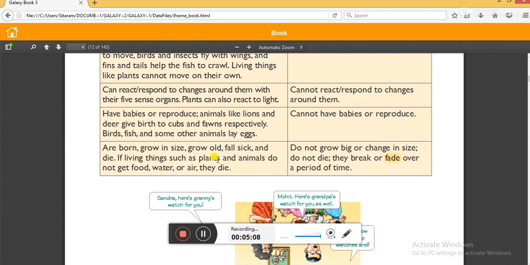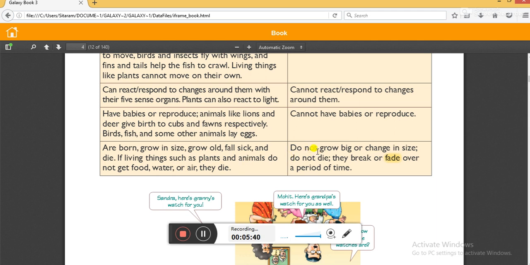Living things such as plants and animals, if they do not get food, water and air, they die. Other animals, birds and human beings are born, grow in size, grow old, fall sick and die. Plants are living things, but if plants do not get food, water and air, they may die.